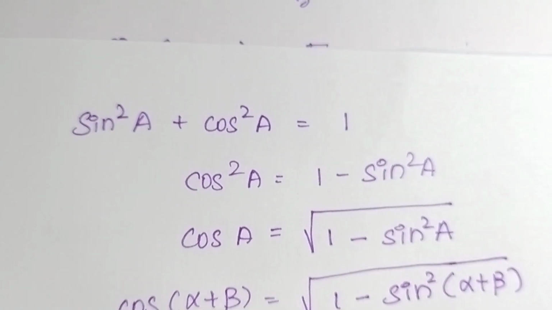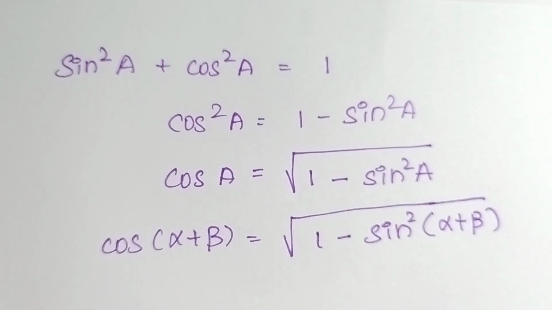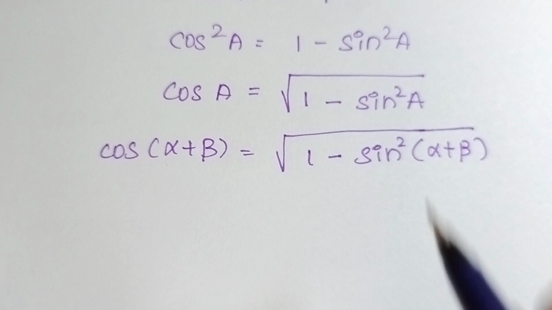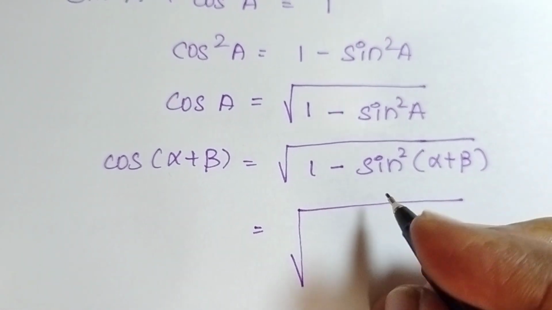We know the value of sin of alpha plus beta, that is 4 by 5. Since sin square is there, we square that value.